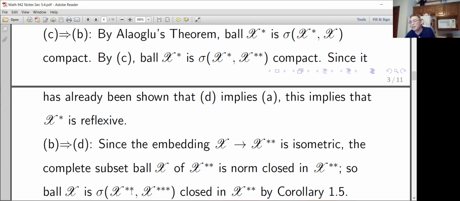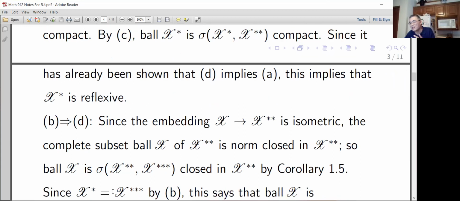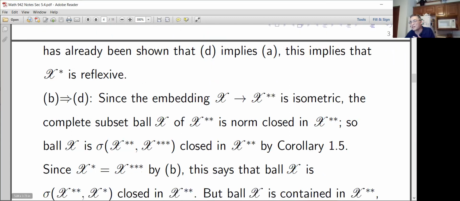But B says, this is B implies D, B says X star is reflexive. That means X star is equal to X triple star. So here, X triple star can be replaced by X star. So this says that the ball X is closed in this topology.